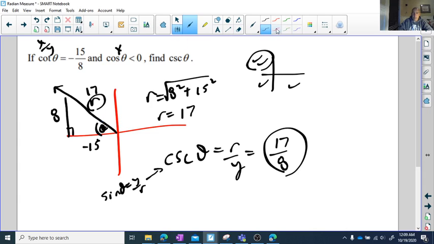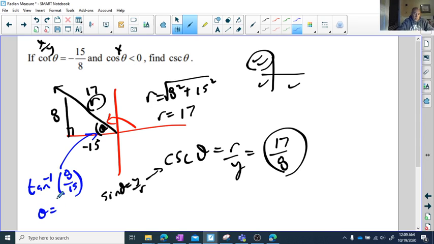So let's figure out this angle, even though it wasn't asked. Let's figure out what this angle is. To do that, we're going to figure out this angle in the corner. Remember, do not put negatives in your calculator. I'll use tan again, inverse tan, and you can pick any ratio you want. I'm just going to go with tan, 8 over 15, and that'll give me the little angle in the corner.